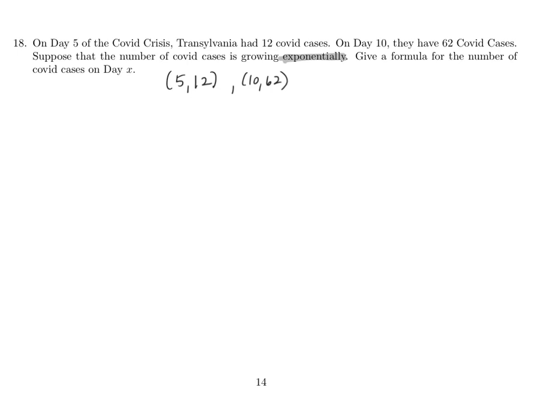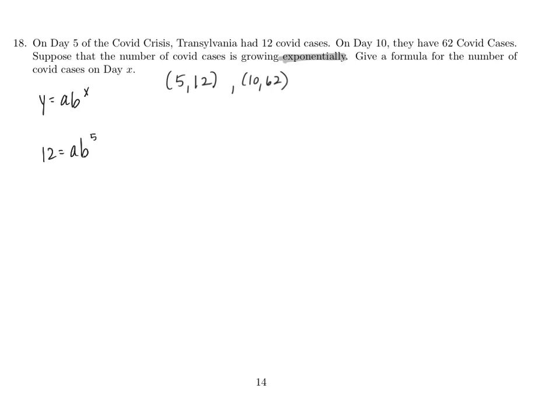Same exact thing. So what we're going to do is make an equation, that's the exponential equation, associated with each of these ordered pairs and try to solve for A and B. So we have y, let's plug in something for y. So 12 is equal to A times B to the 5th.